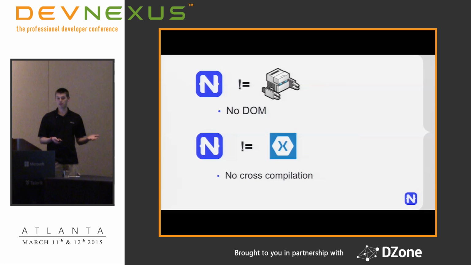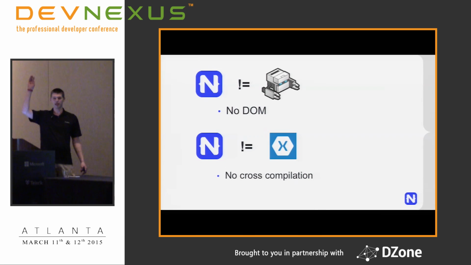NativeScript uses JavaScript for its logic, and it also uses a CSS implementation for styling, but we use completely native UI components. So you type something like button, and we delegate that down to a UI button on iOS and Android native button as well.